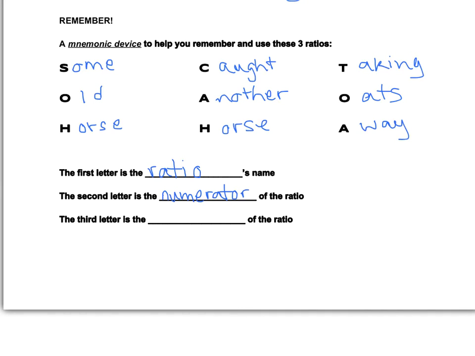And then the third letter is your denominator. So when you are given a problem in your next practice set, you're going to hopefully refer to that to remember, okay, if I'm being asked for tangent, then that's taking oats away. So opposite over adjacent, or oats away there. So that's what you're going to do.